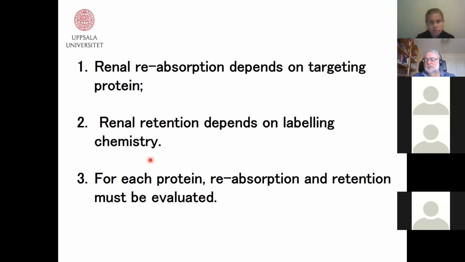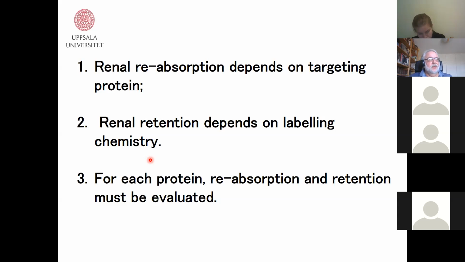So talking about residualizing radiometal, we could tell that renal reabsorption depends on the targeting protein. Some proteins can go through the kidney without reabsorption.